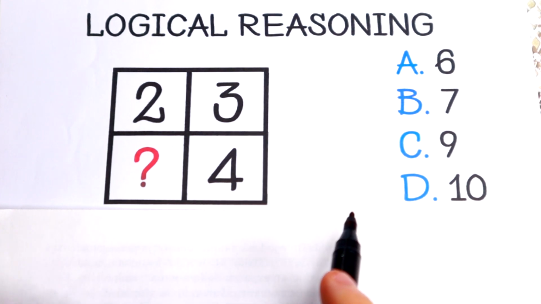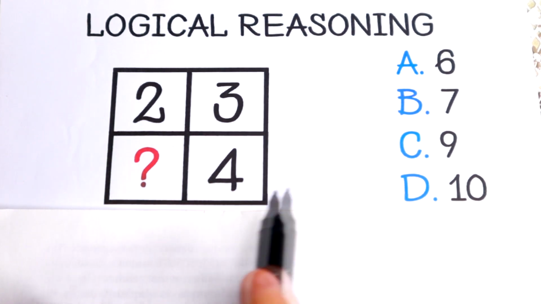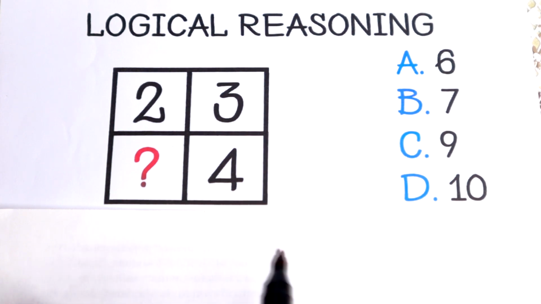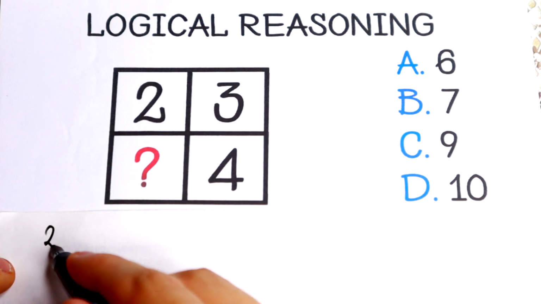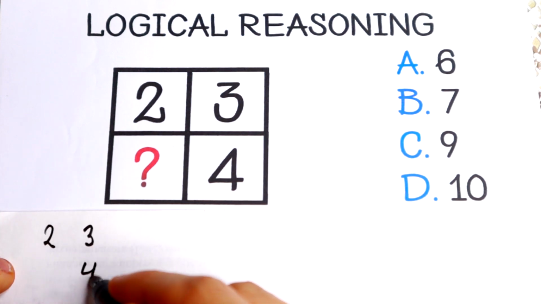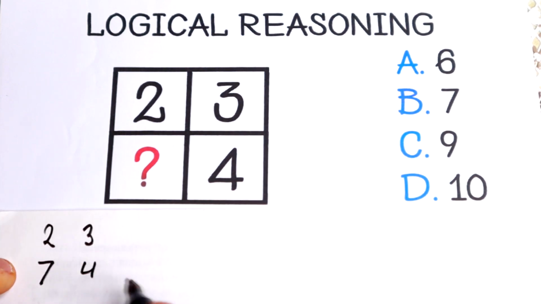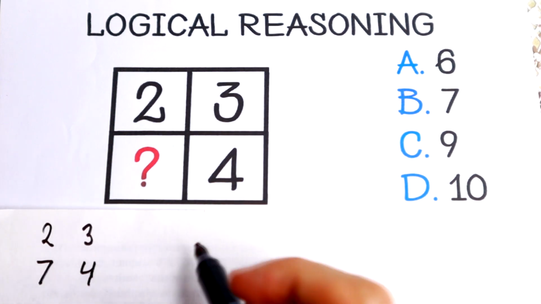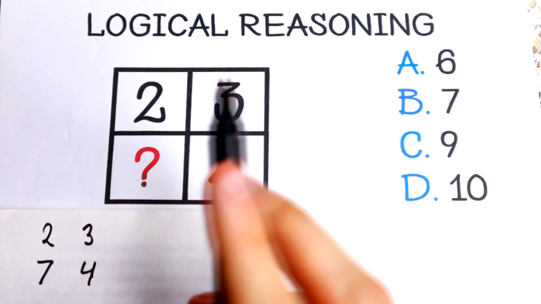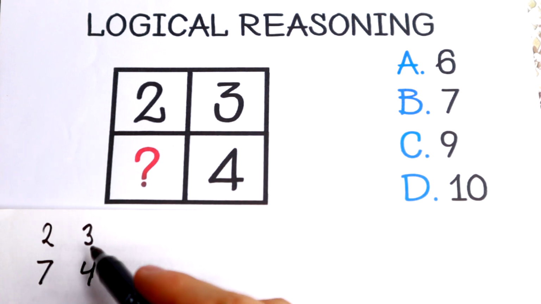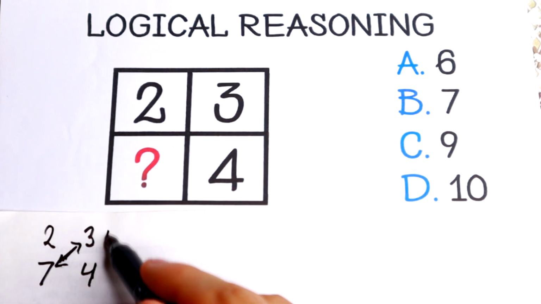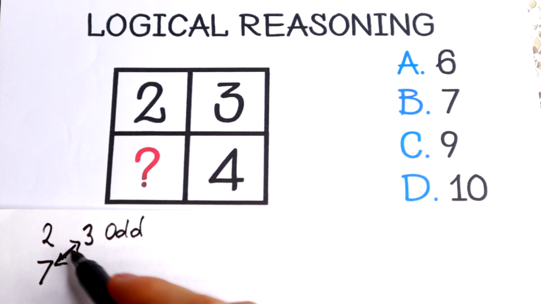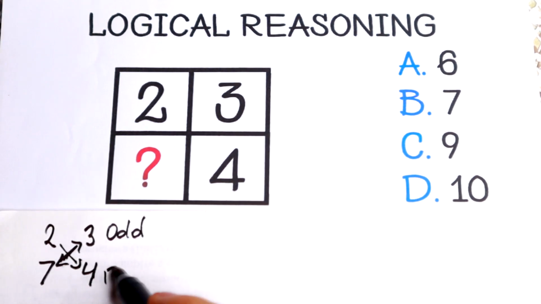So what options will we have? We have 2, 3, 4, and we need to find the last number right here. If we plug in, for example, 7, we have 2, 3, 4, and 7. As you can see, there is no obvious pattern between all of these numbers. Of course, one pattern we have is that these are odd numbers, and in this direction they are even numbers.